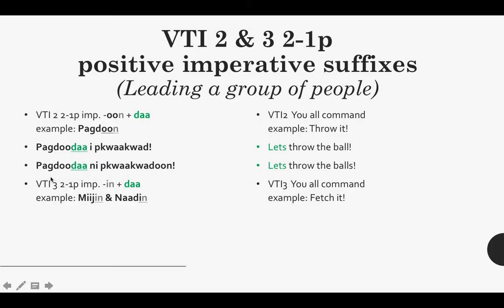Next one. So we have two examples that we're going to use. So for our VTI 3s, we're actually going to get rid of that IN sound and replace it with our DA sound. For one of them, when we use eat. We're not going to do it for nodin because we would have a double D sound.